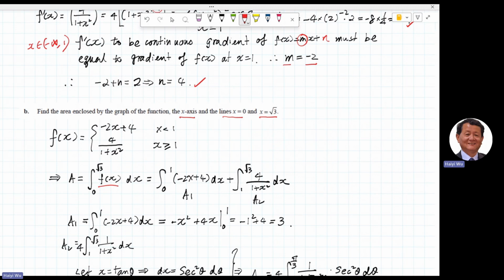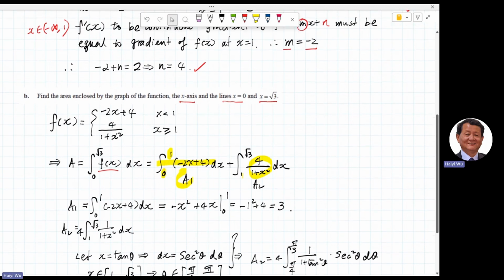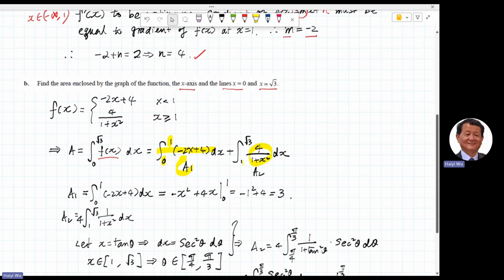Now we're going to divide into two different functions, because of the two different intervals. From 0 to 1, I'm going to use the first function, which is -2x plus 4, which is linear. We call it area 1. The second one is from 1 to square root 3, where we use the second format of the function. So we're going to find A1 and A2 separately.